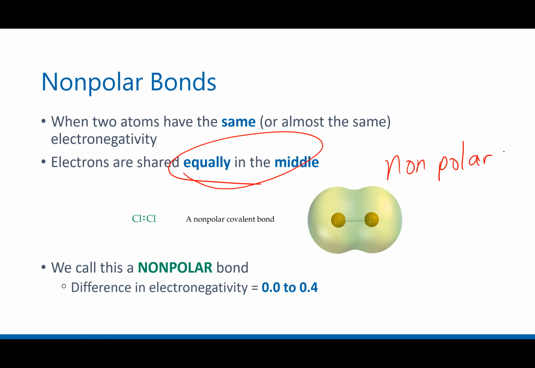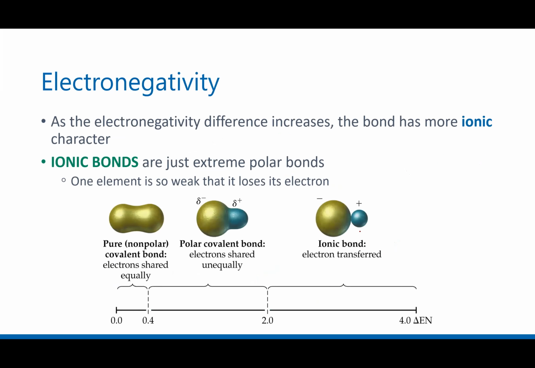A nonpolar bond is when the difference in electronegativities is between 0 and 0.4. So if the difference between the atoms is 0, or 0.1, 0.2, we would call this nonpolar. If it's bigger than 0.4, we would call this a polar bond.